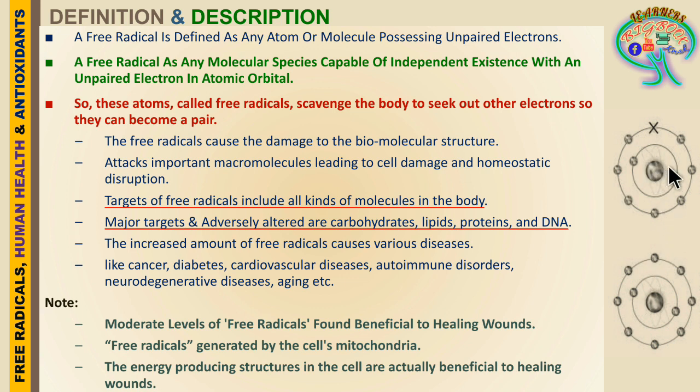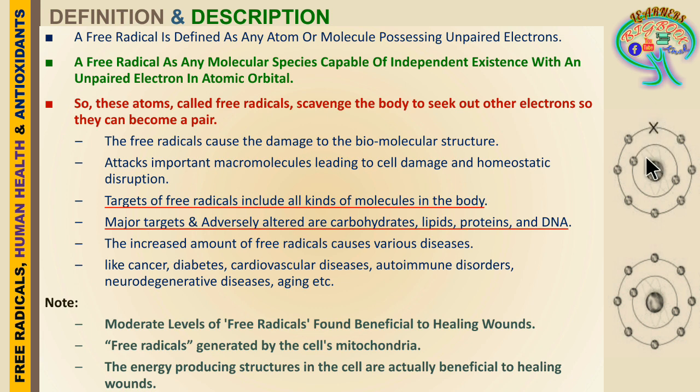In this other atom, the inner orbit has paired electrons, but the outer orbit has 1 pair that is losing an electron. Because of that, it stands as a free radical, where this single electron will readily accept, or readily be donated or scavenged to another free radical or another biomolecule.